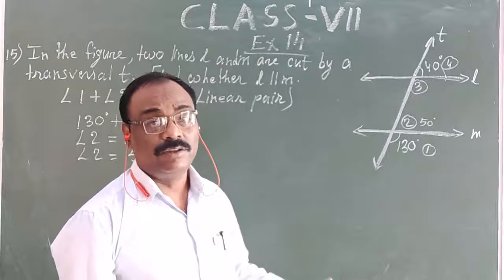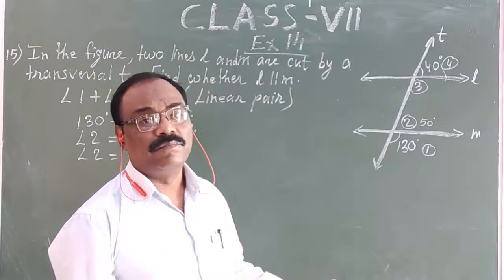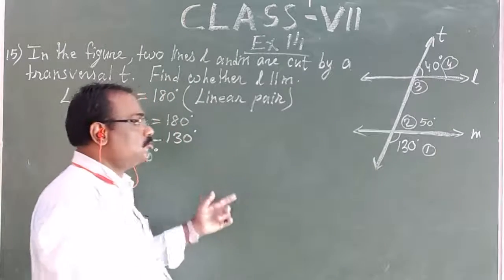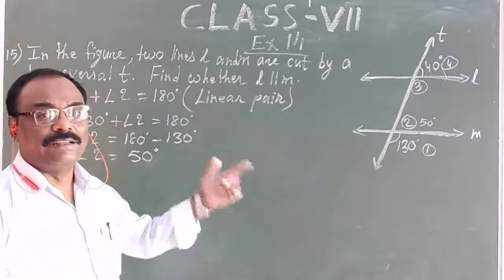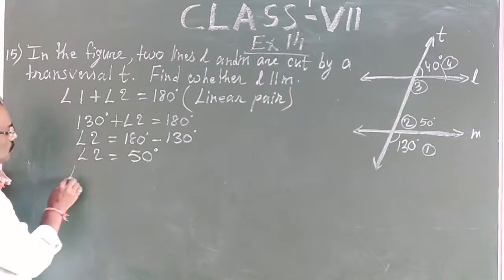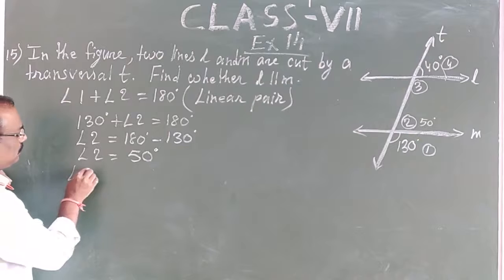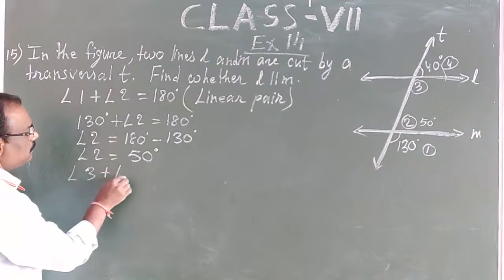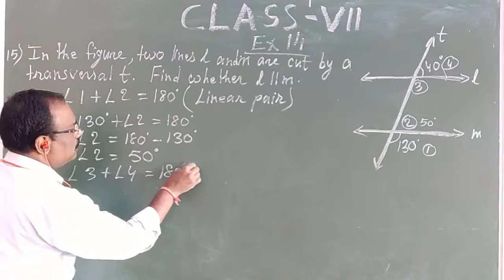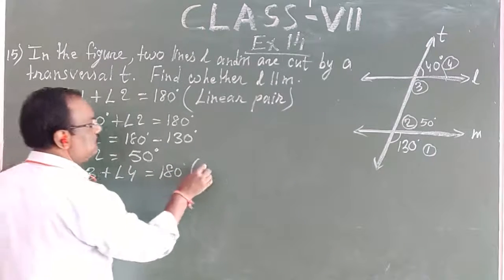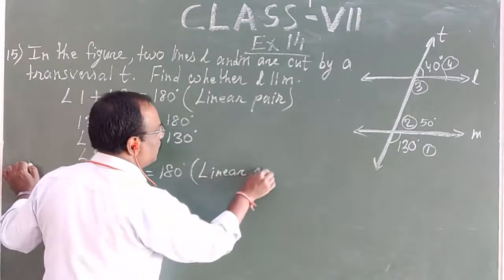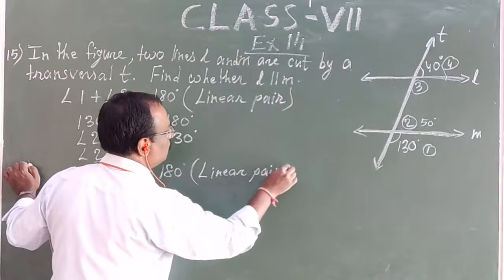Using the same method, angle 3 plus angle 4 is equal to 180 degree. Again you can write the reason: linear pair.